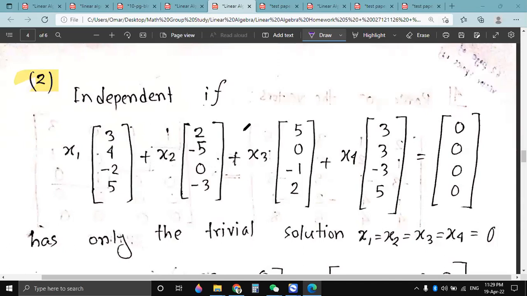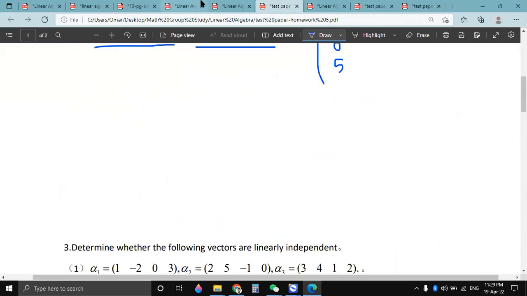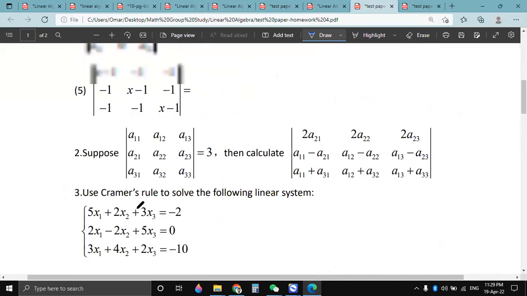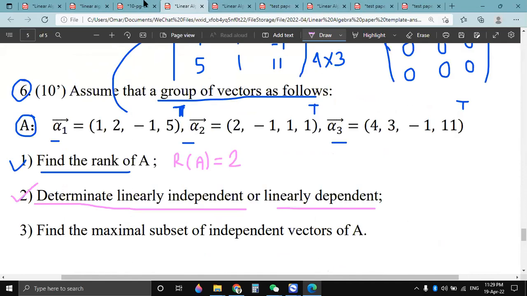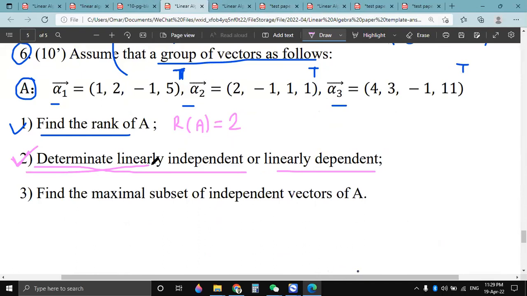And then the same thing will happen for the test paper, okay? The same thing will happen for this question: determine linearly independent or linearly dependent.